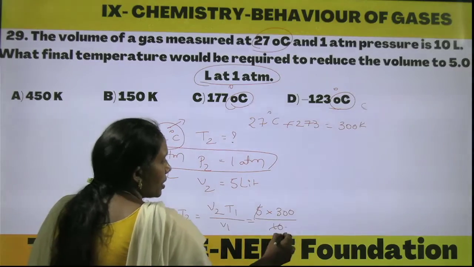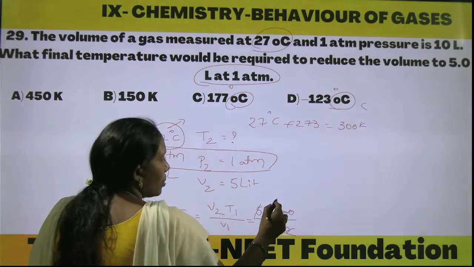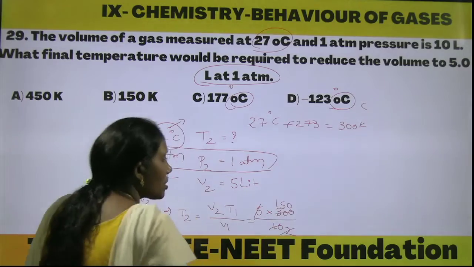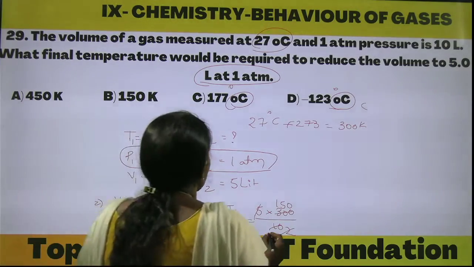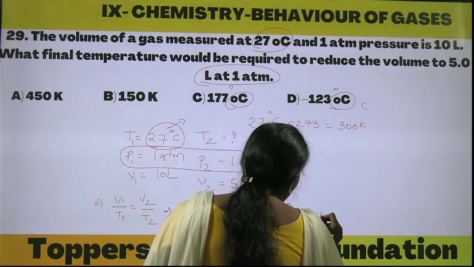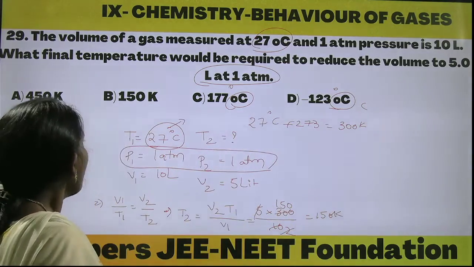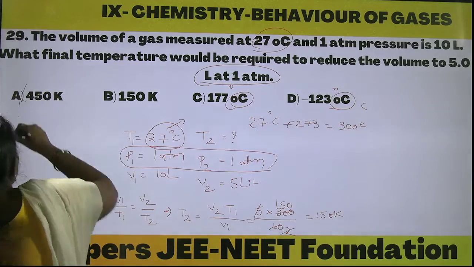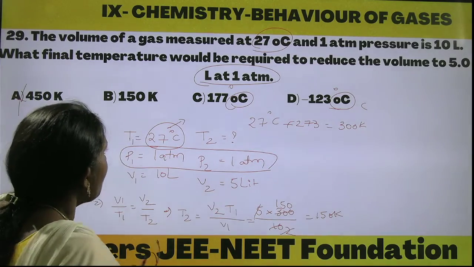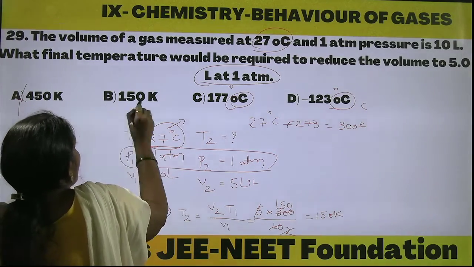So 5 2s are 10, so it is 150 Kelvin. Let's see, is it there in the options? The first option, 450 Kelvin. No. 150 Kelvin is given.